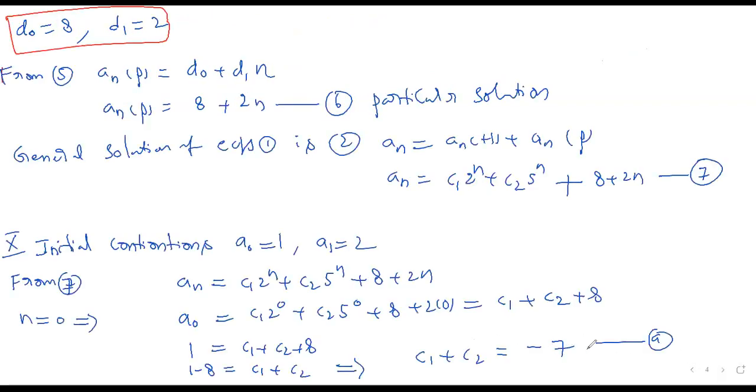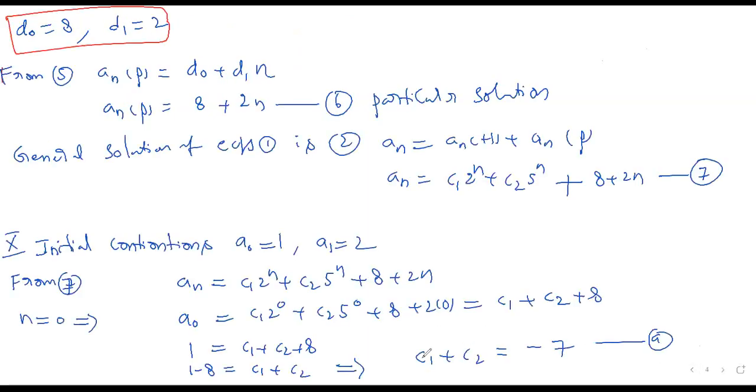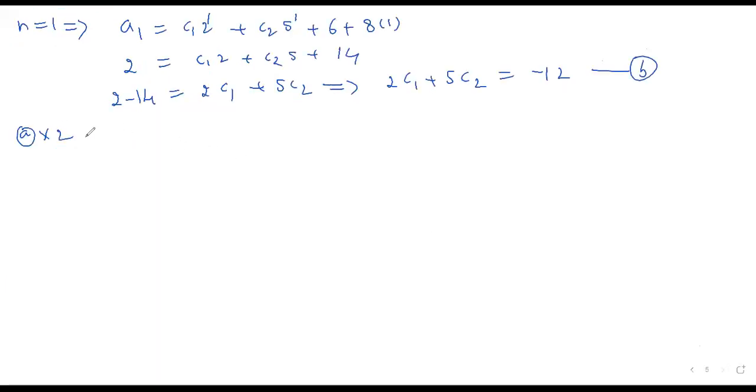Equation A you already got here. Now I want to multiply equation A by 2. Look at equation A: 2C1 plus 2C2 equals minus 7 2s are 14. So multiplying by 2, we get 2C1 plus 2C2 equals minus 14. Now take equation B: 2C1 plus 5C2 equals minus 12.